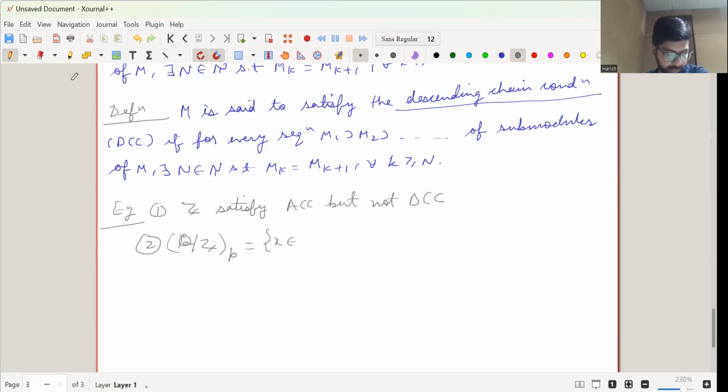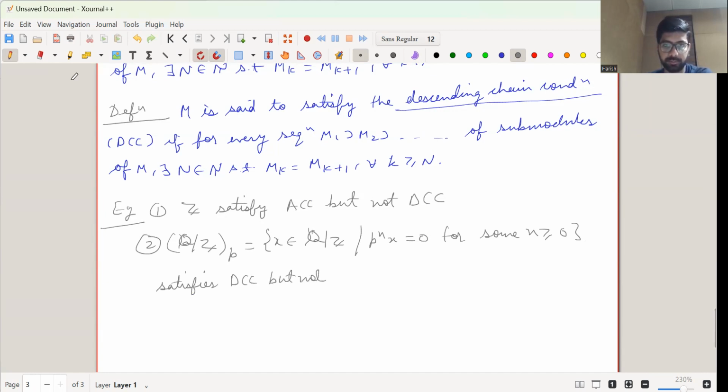This is the set of x belonging to Q modulo Z such that p^n x is equal to 0 for some n greater than or equal to 0. So you can check that it satisfies DCC but not ACC. Okay, I leave it to you.